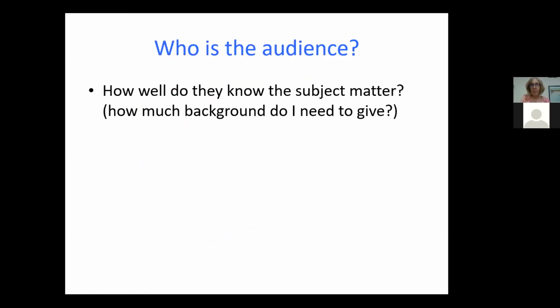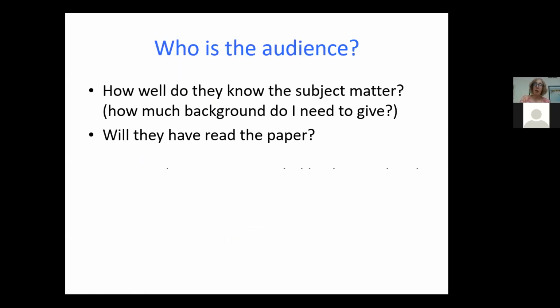Then the next thing to think about is, who is my audience? How well do they know the subject matter? In other words, how much background do I need? The other thing is, will they have read the paper? So in some of the journal clubs I've been to, only the presenter reads the paper, whereas in my lab meetings, often all of us would have read the paper.